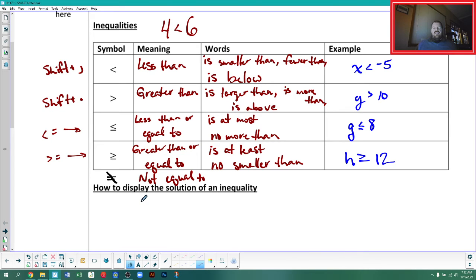Again, it's less informative because it doesn't really give us any information other than it can't be a certain number. Okay, and that one more traditionally gets changed to it's either less than or greater than, but it can't be one of the equal tos. Okay.